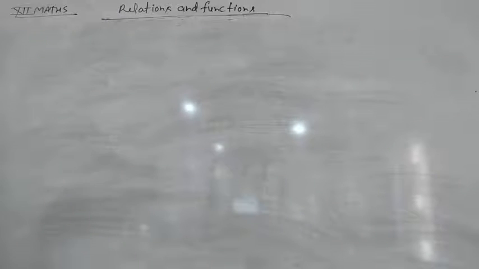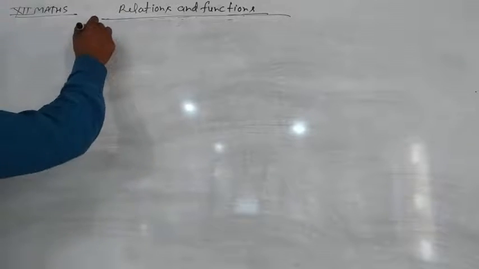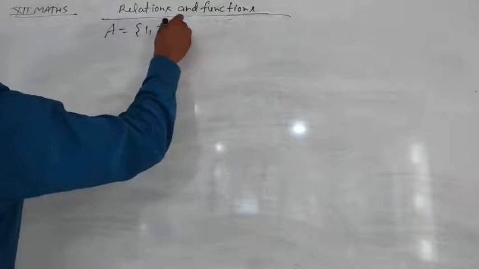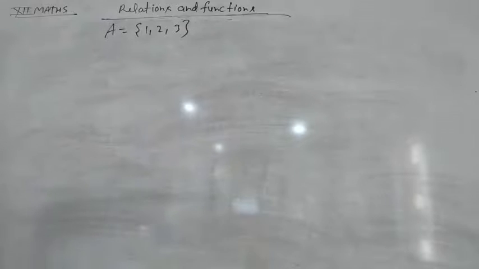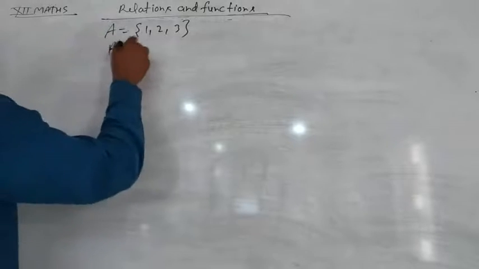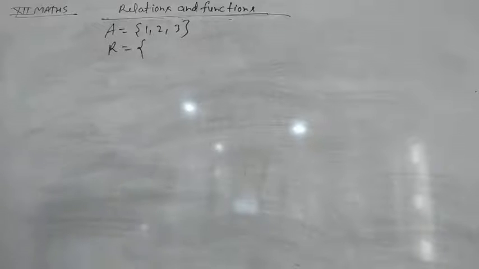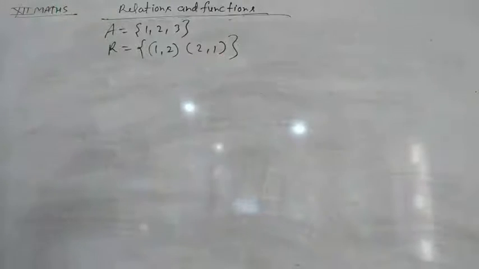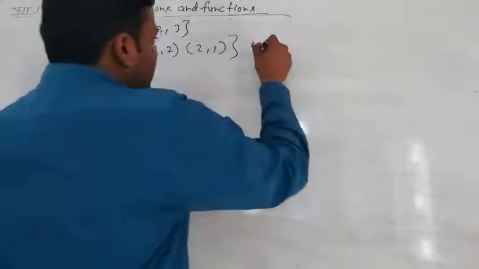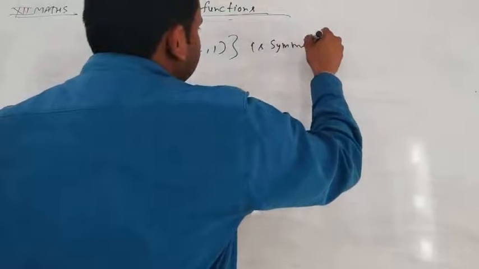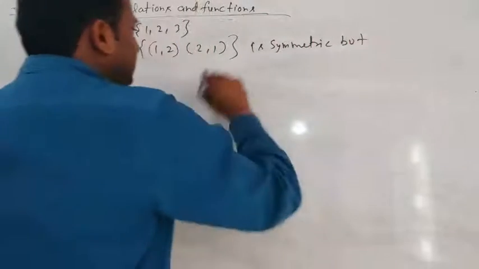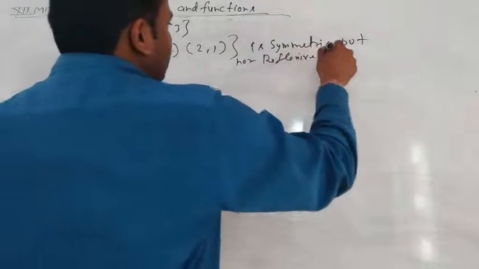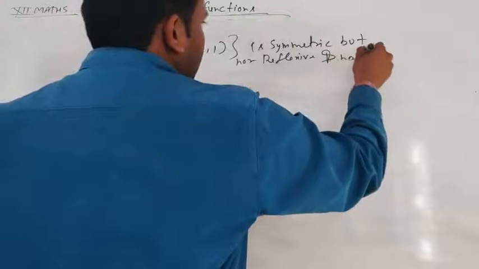So students, our next question is to show that the relation R in the set A = {1, 2, 3} given by R = {(1, 2), (2, 1)} is symmetric but not reflexive and not transitive.